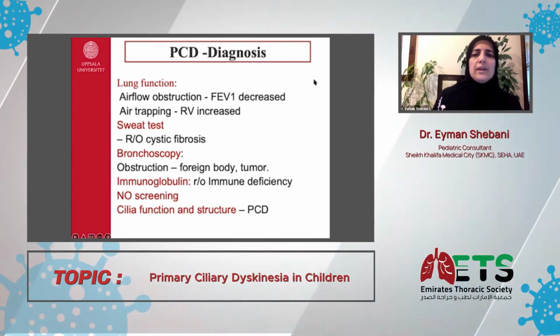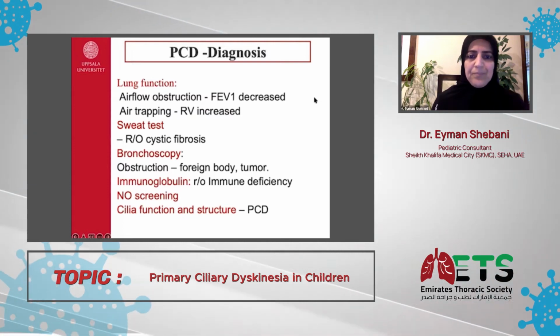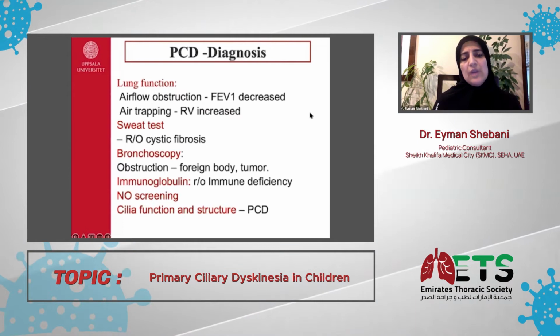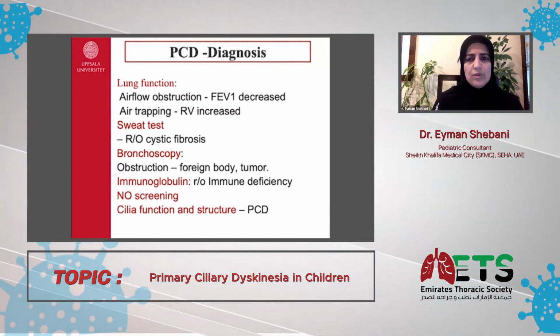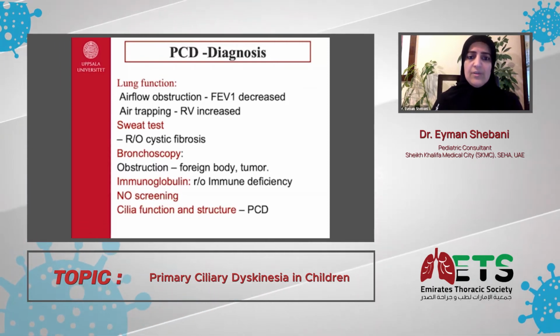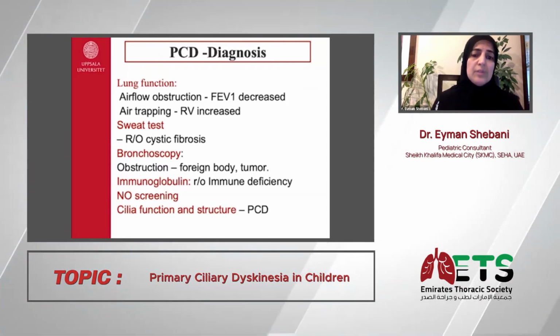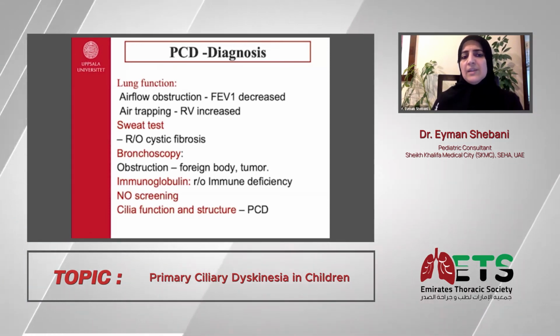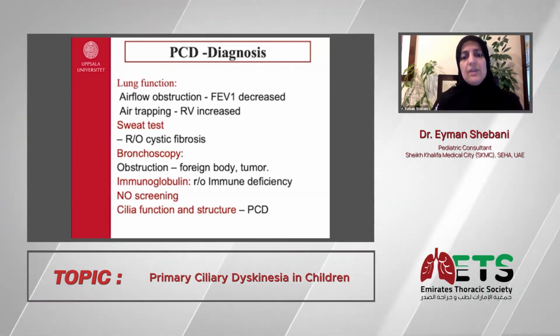So when we want to diagnose PCD, of course, you're dealing with a patient, so you have to have a clinical suspicion. With any patient who presents with any of the symptoms I mentioned earlier, if it's possible, do a lung function test, because we're talking about a pediatric population. They might have airflow obstruction and air trapping in their lung function.